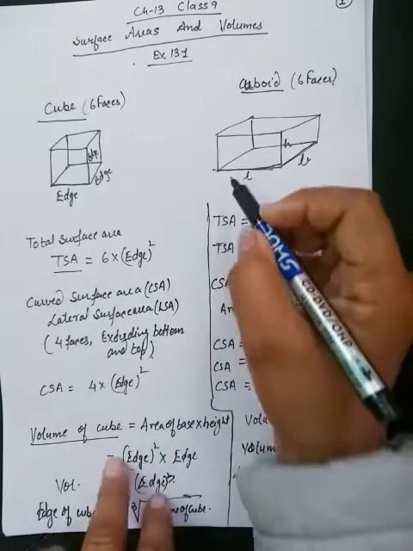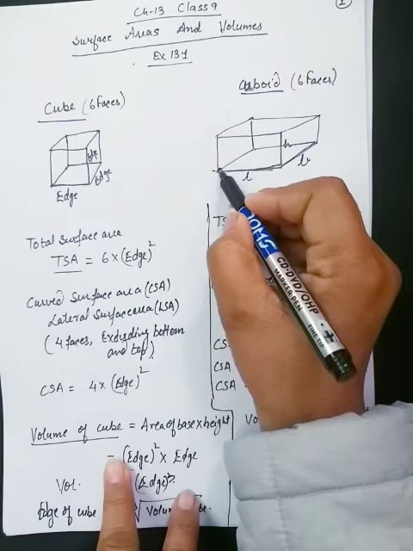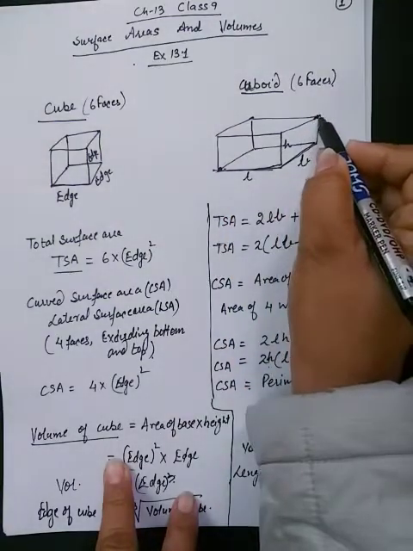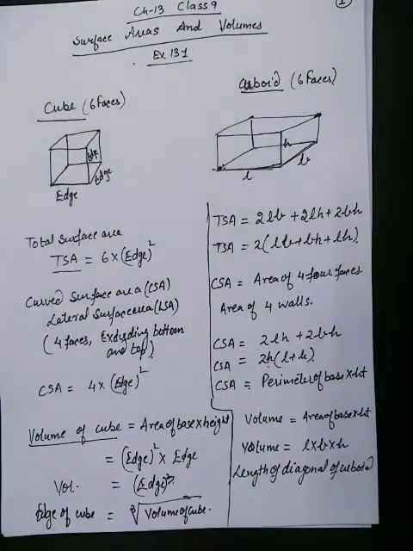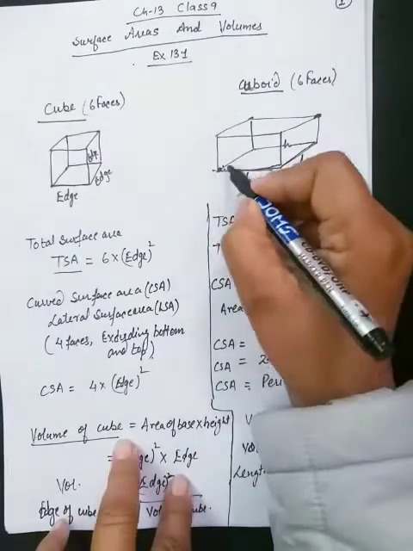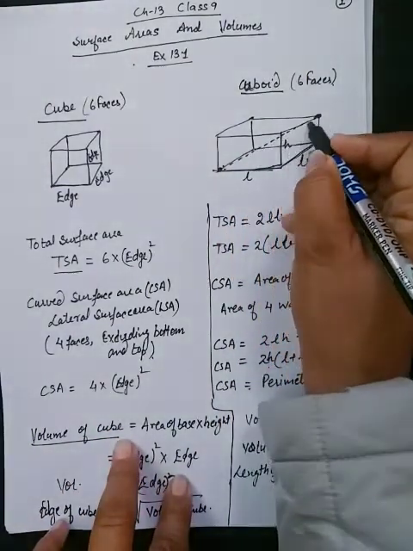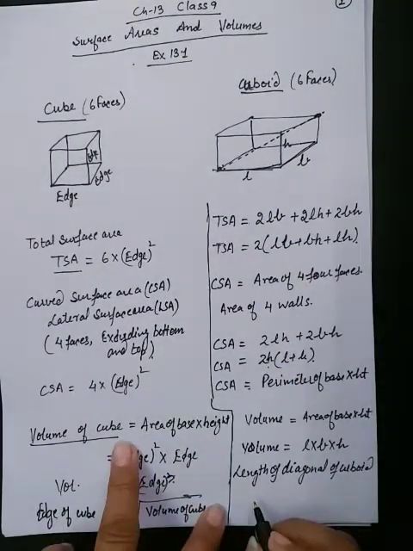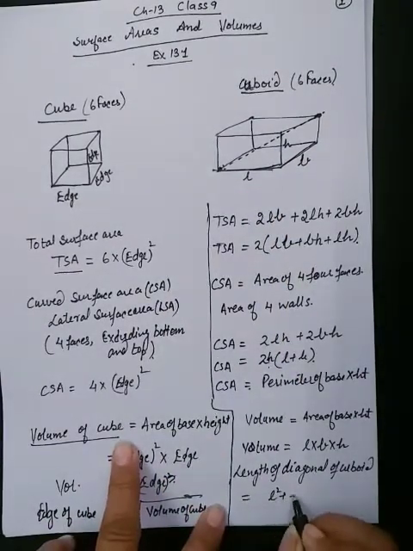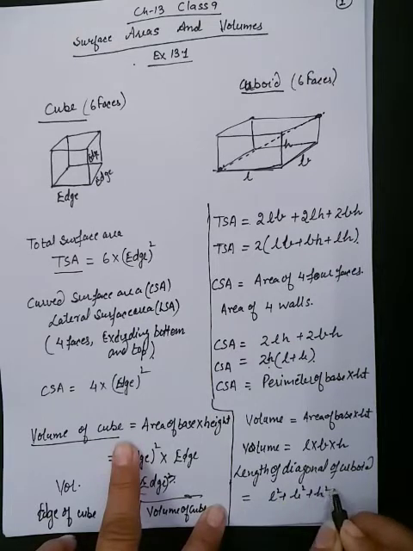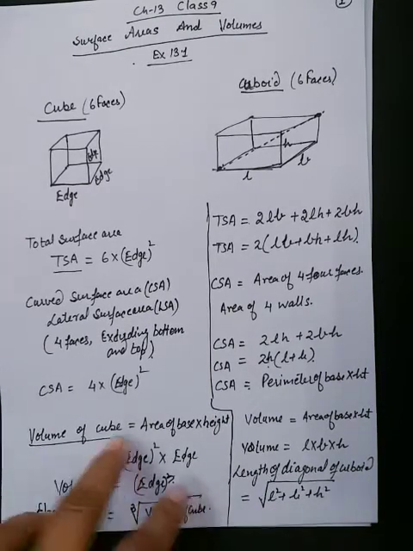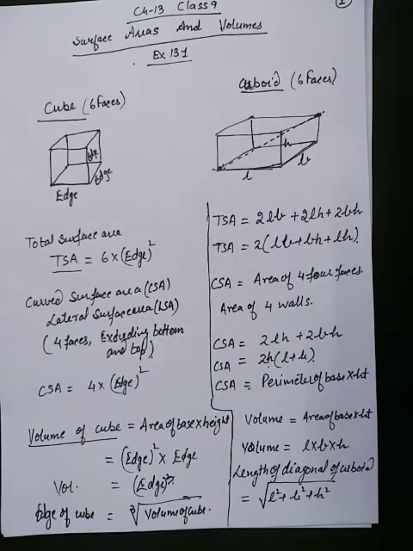So that rod can be placed from this vertex to this, meaning lower corner to the opposite upper corner. So this is the length of the diagonal, and we can find it by the square root of L square plus B square plus H square. This is the length of the diagonal of a cuboid.